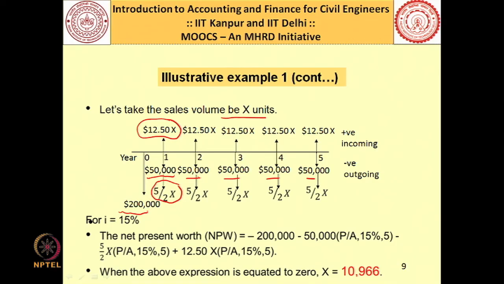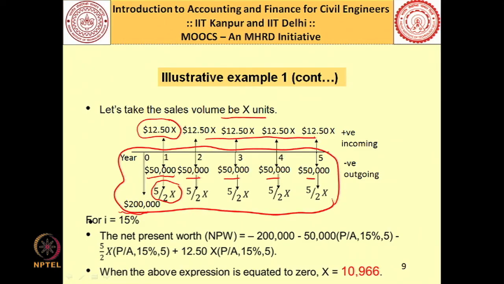Now, there are many ways you can solve this problem. You can equate the present worth of these revenues with the present worth of the costs, and then find the value of x. This is how the problem has been solved in this slide.